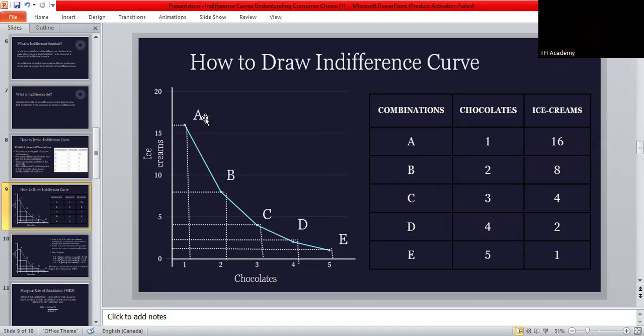At point A, she consumes 1 chocolate and 16 ice creams. At point B, she consumes 2 chocolates and 8 ice creams. Similarly, at point C, 3 chocolates and 4 ice creams. At point D, 4 chocolates and 2 ice creams. At point E, 5 chocolates and 1 ice cream.